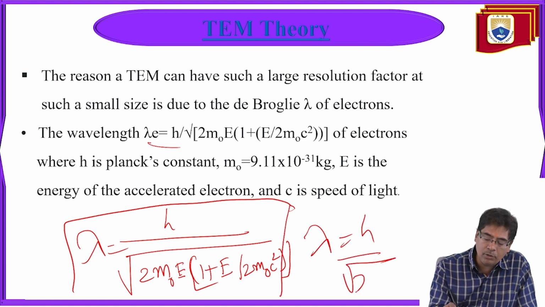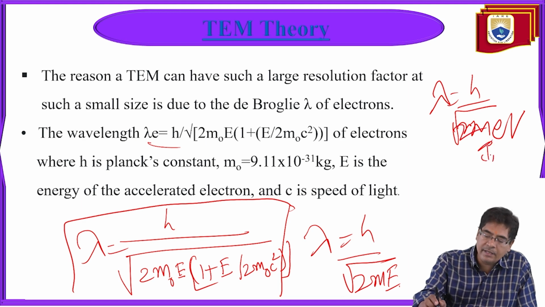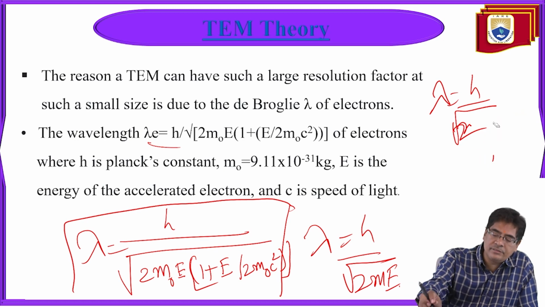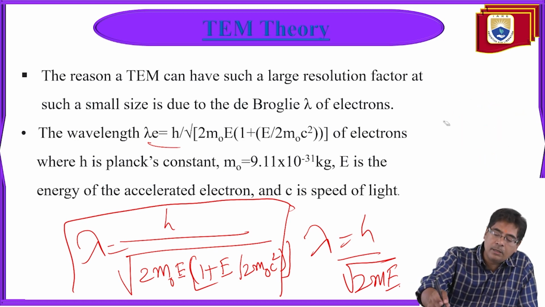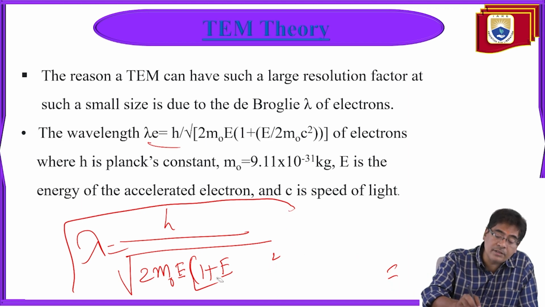The same, when we consider the Davisson and Germer experiment, we have lambda equals h divided by the square root of 2mE, where E is the energy of the accelerating electron, m is the mass of the electron, about 9.1 into 10 power minus 31 kg, and the charge of the electron is 1.6 into 10 power minus 19 coulombs.